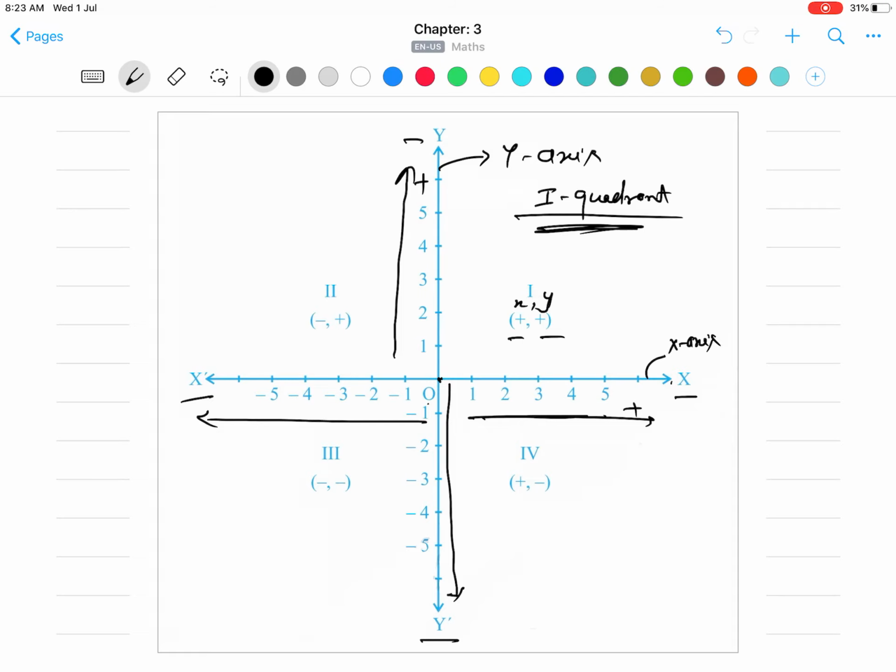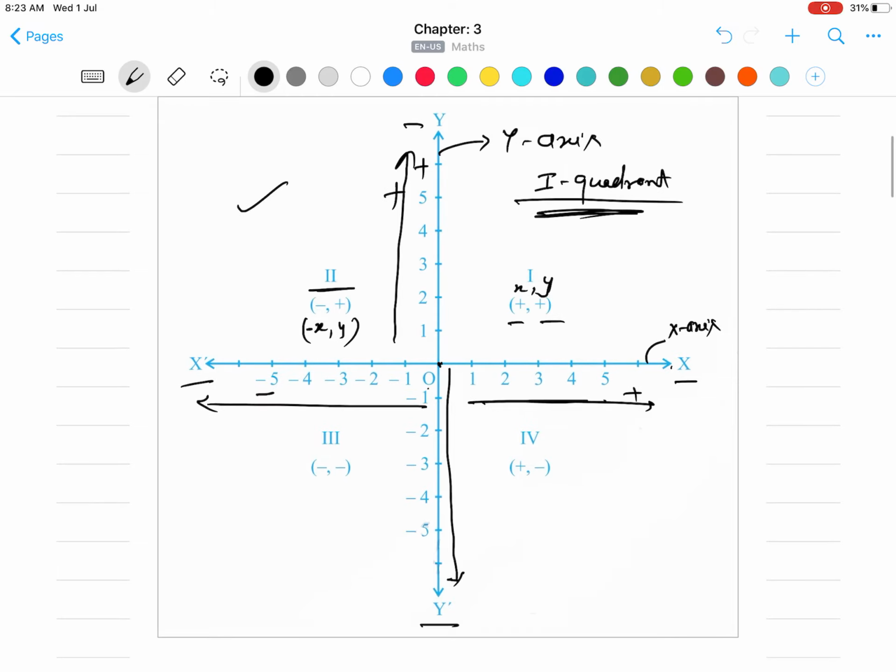Then in the second quadrant, x is negative while y is positive. Therefore, the coordinates of a point lying in the second quadrant will be negative for x and positive for y. So if a point has a negative x value and a positive y value, that point will certainly lie in the second quadrant.